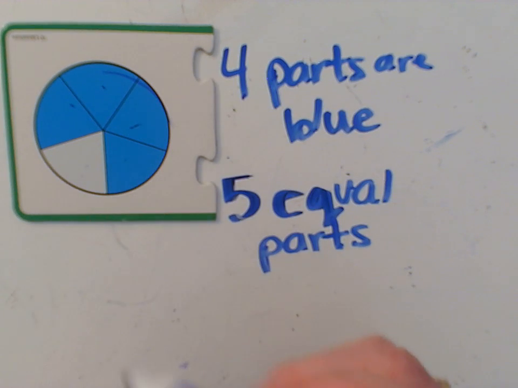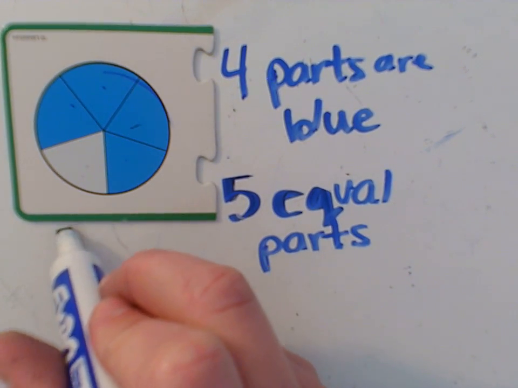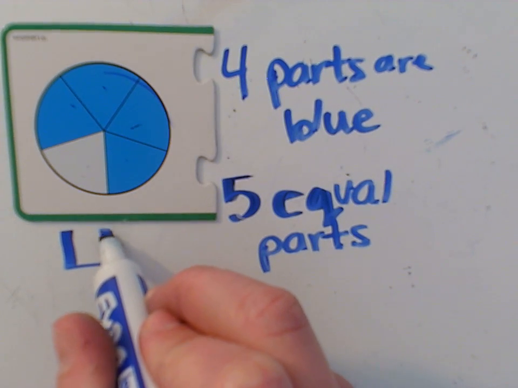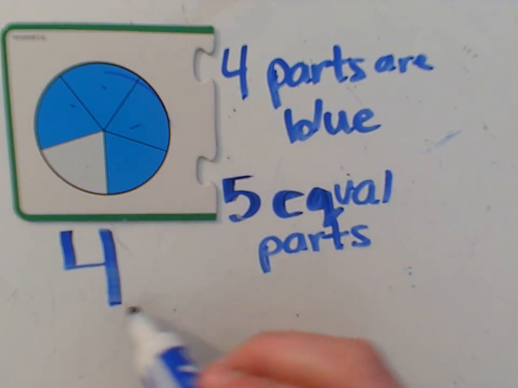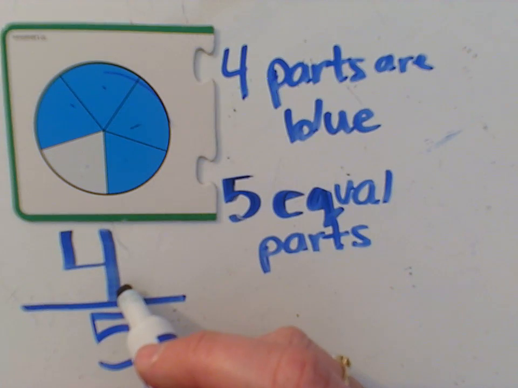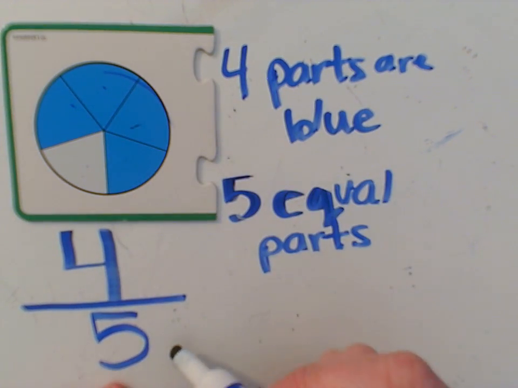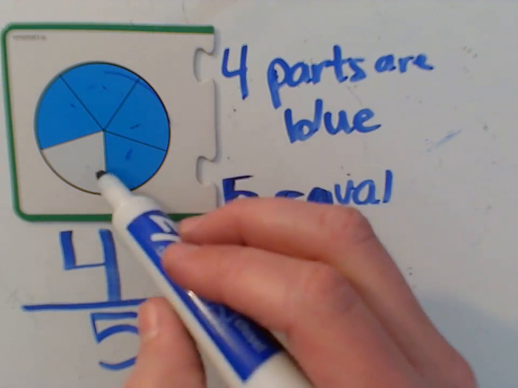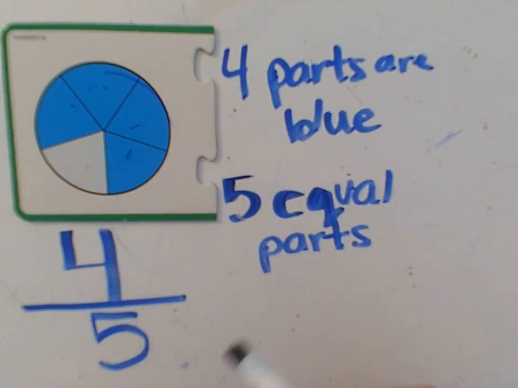So our fraction would be, I want you to guess as I write, 4 over 5. This means 4 out of the 5 parts are shaded. 4 out of 5, okay? So 4 out of the 5 parts are shaded.